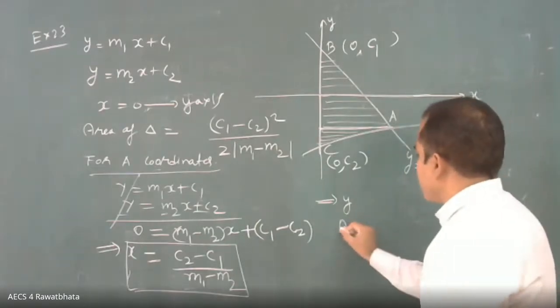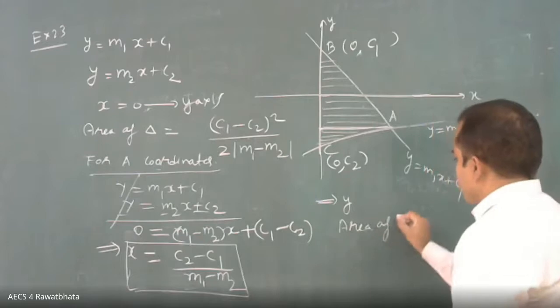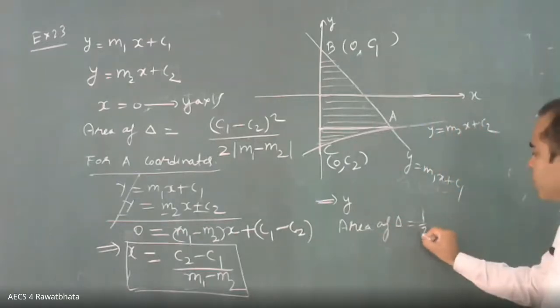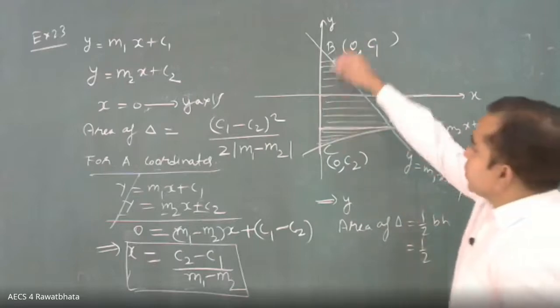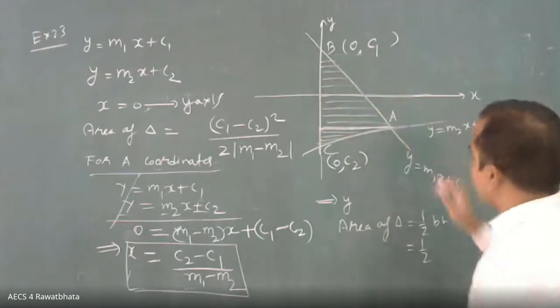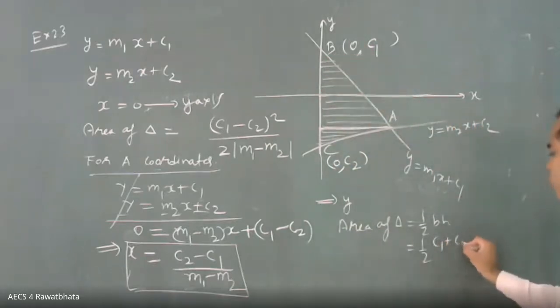Then the area of the triangle, the formula is half base into height. So the base is BC; if I consider this is C1 and this is C2, it will be C1 plus C2. Should I take plus or minus?